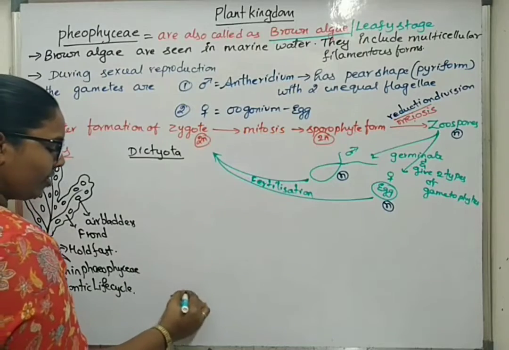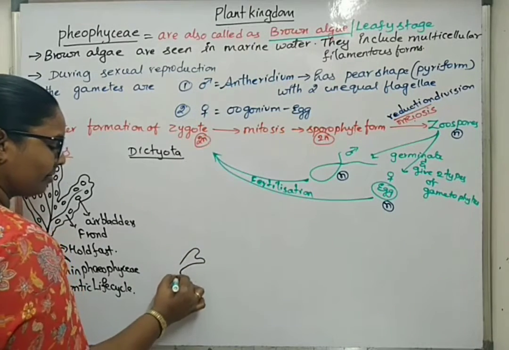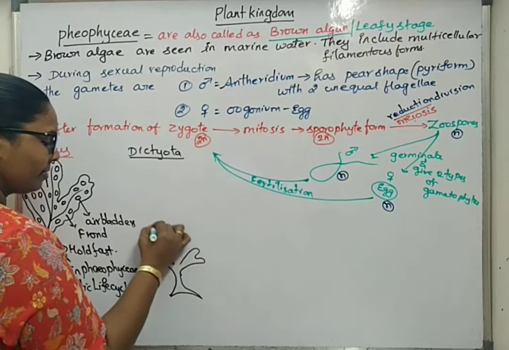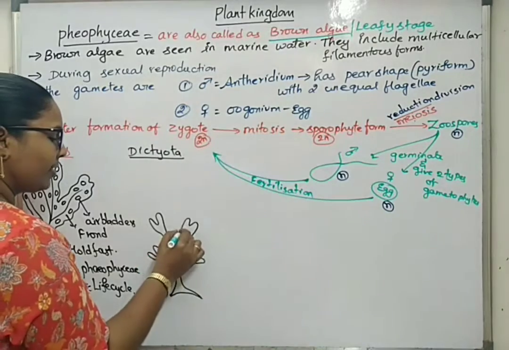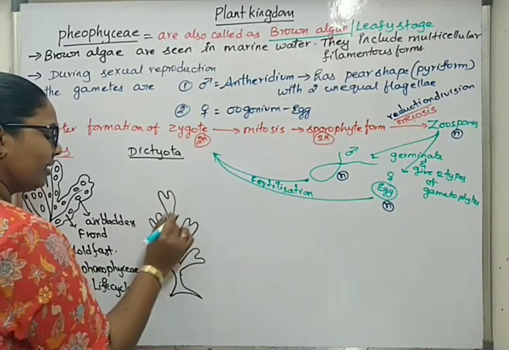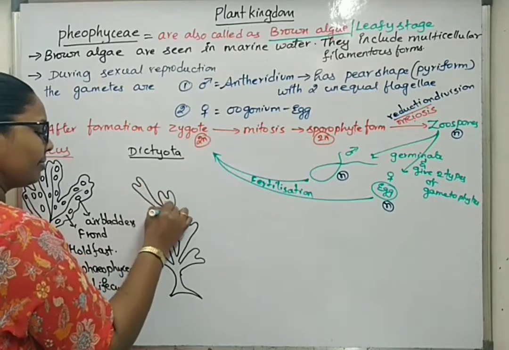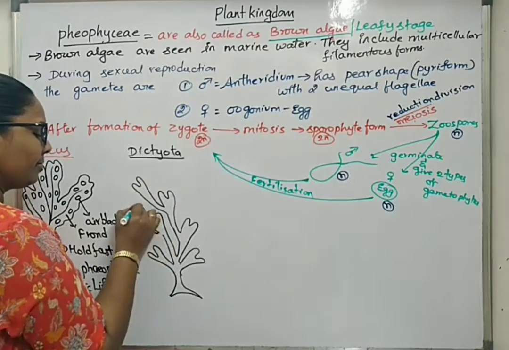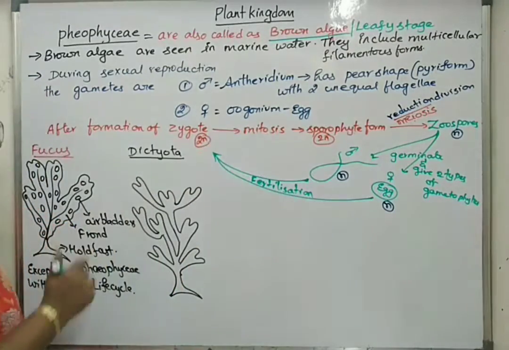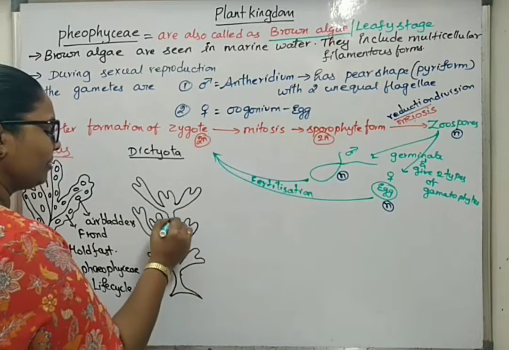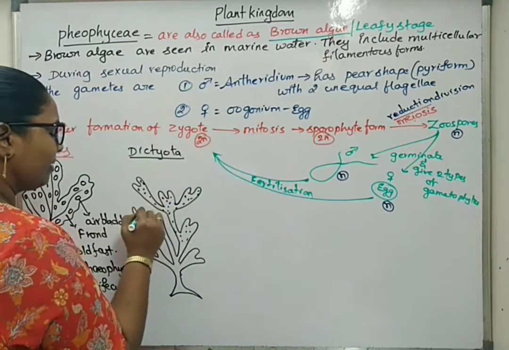So Dictyota also has holdfast. Whenever it is giving rise to one branch, it gives into two divisions. Like this, any branch that has been raised has two branches in case of Dictyota. So di means two, so that we are giving name as Dictyota.